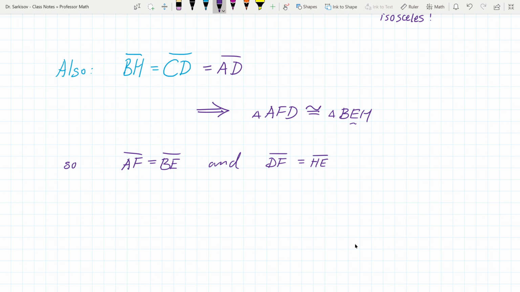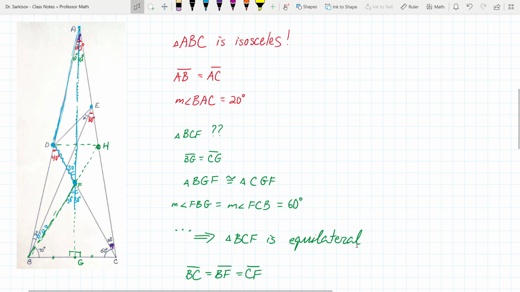That's really the interesting thing, I think, because if we look at this, what's DF and HE? Let me label that actually. DF and HE. Let's have a little purple squiggle there, and this is there, right? They are equal in length.